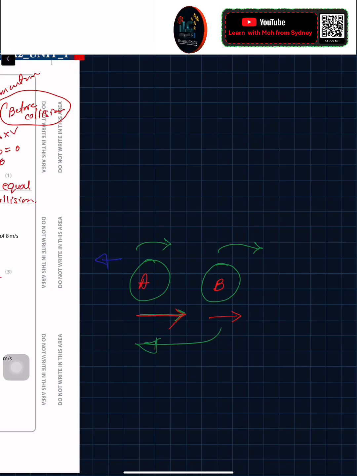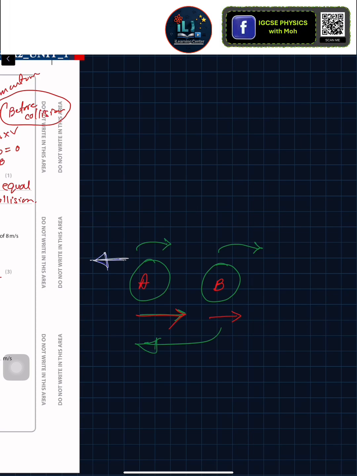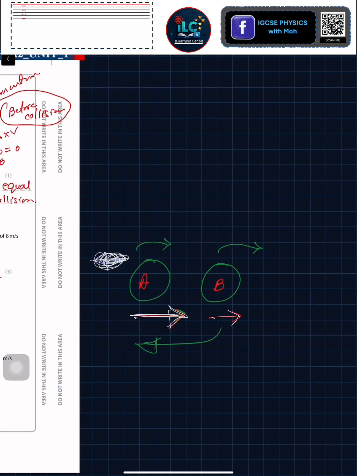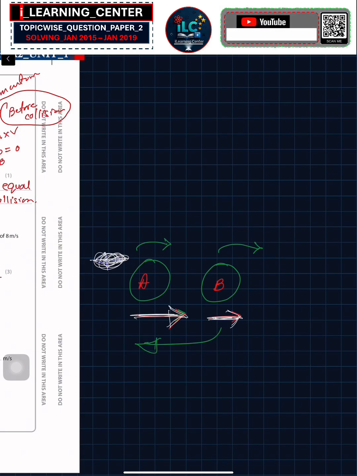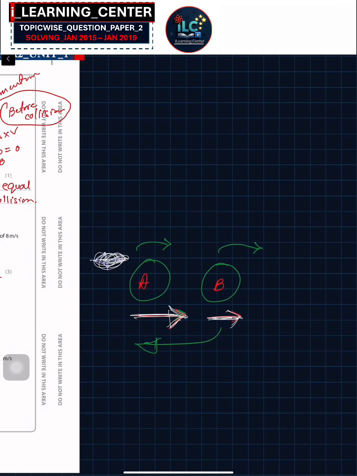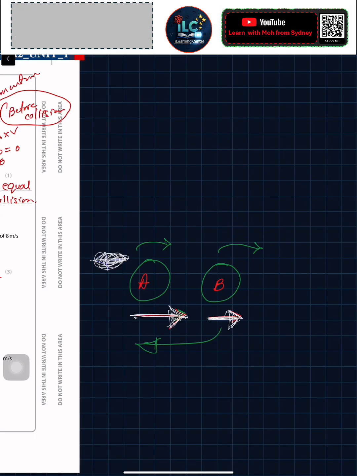But they have already told you that both of these particles are moving in this direction, so we will skip that option. If it was not mentioned, we could have taken that into account as well. Especially if you go to your A levels, you will see these sorts of things coming up where you don't know the direction and you need to find it with the calculation.